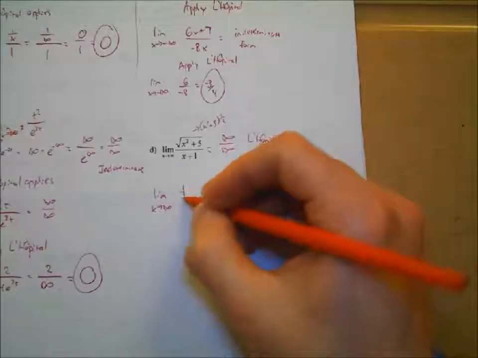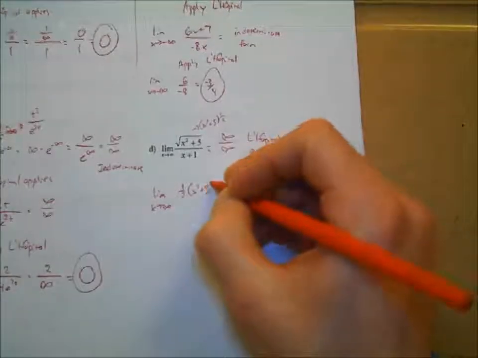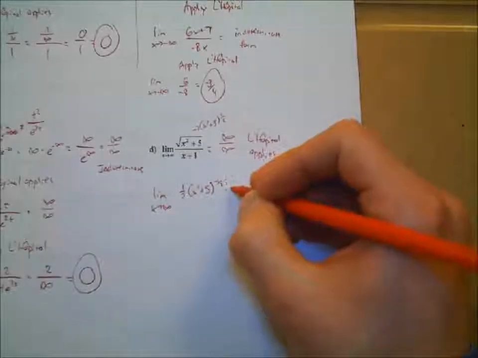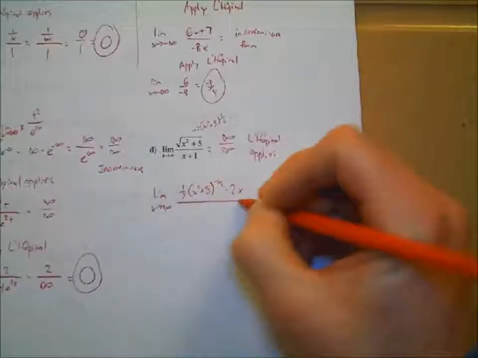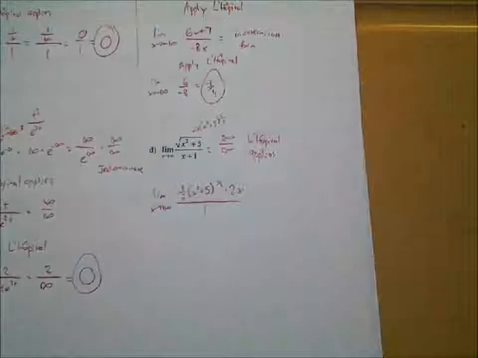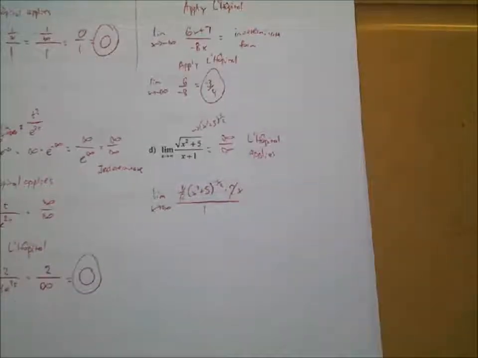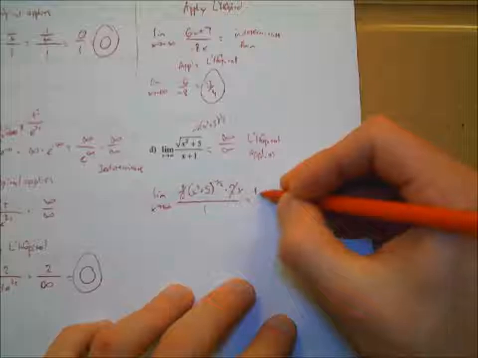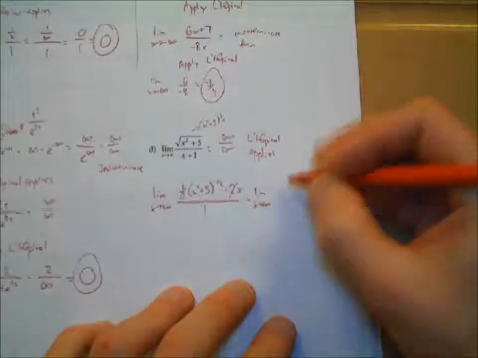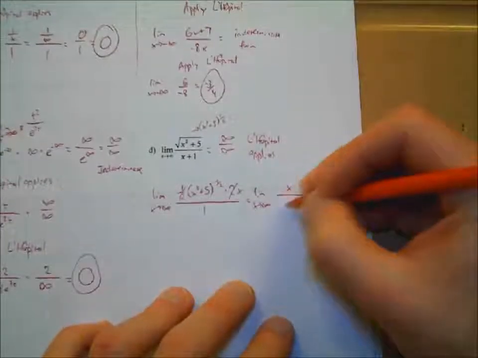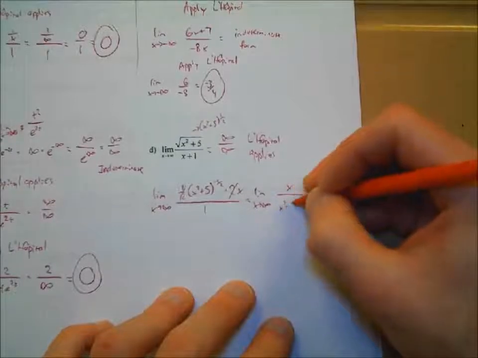Okay. So we'll take the derivative, right, to apply L'Hopital. The limit is x approaches infinity. Remember, this is x squared plus 5 to the 1/2 power instead of the square root. And so the derivative is 1/2 x squared plus 5 to the negative 1/2 times 2x over 1.